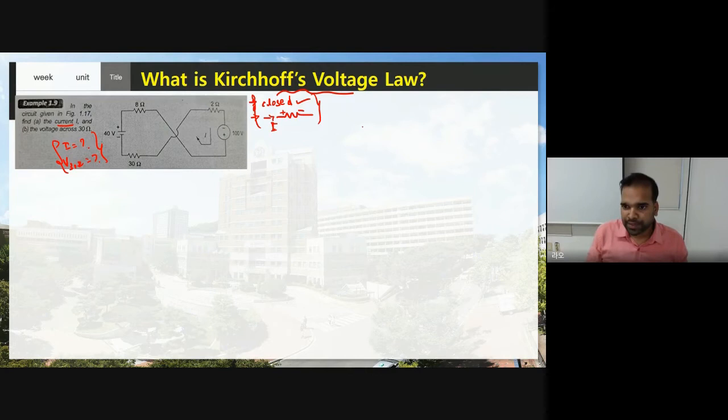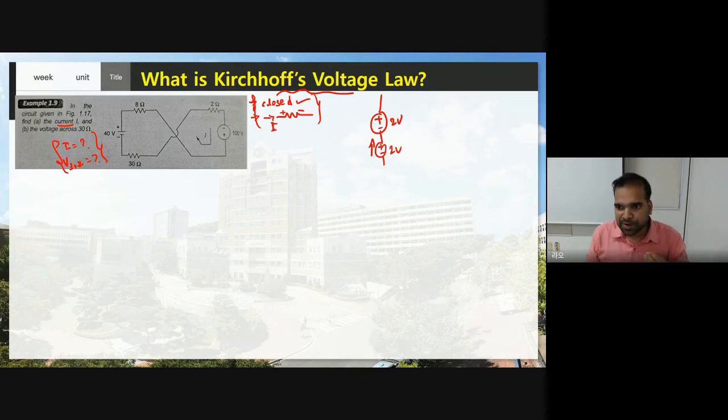Now there are two voltage sources connected in series. Suppose this is 2 volts and 2 volts here. What is the current direction for this particular voltage source? Current always flows from plus to minus, so you need to consider it like this. Don't think that this is minus to plus.